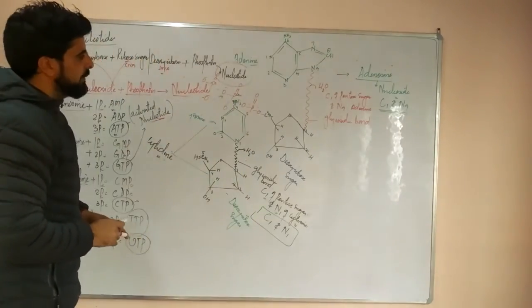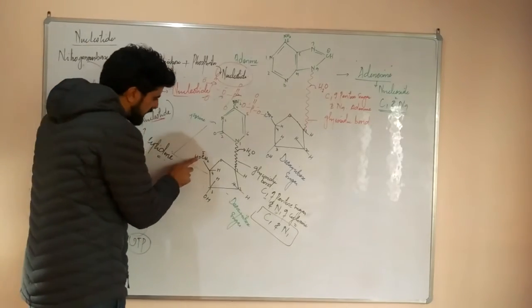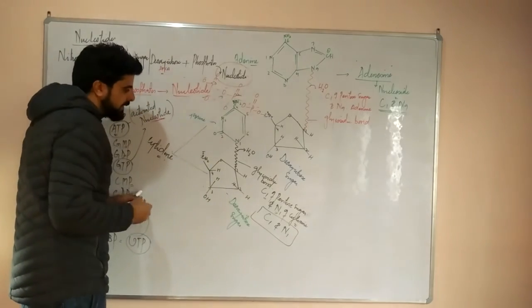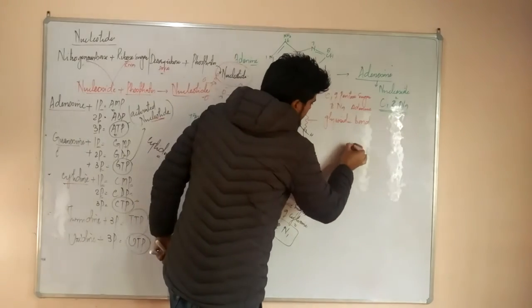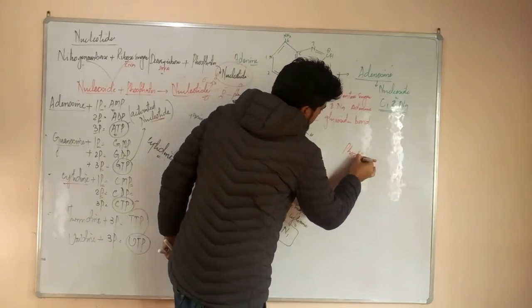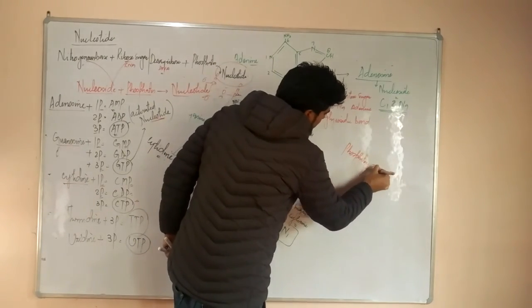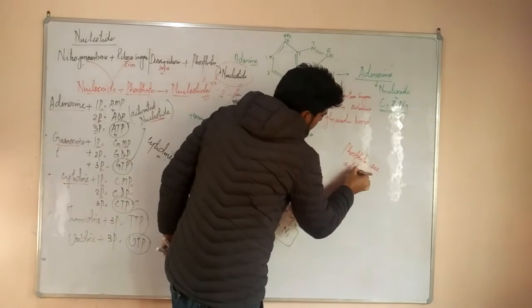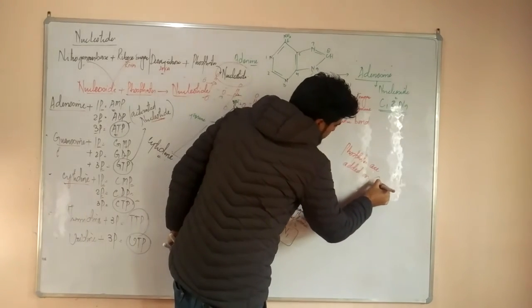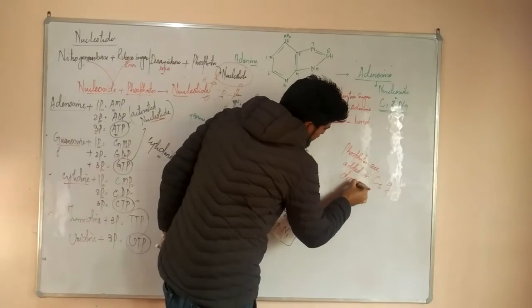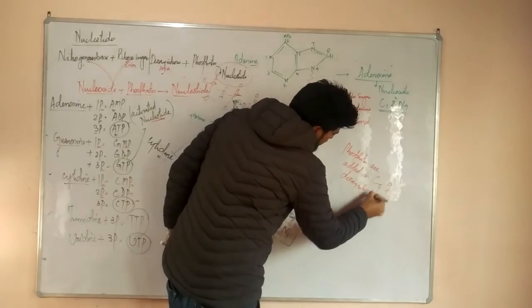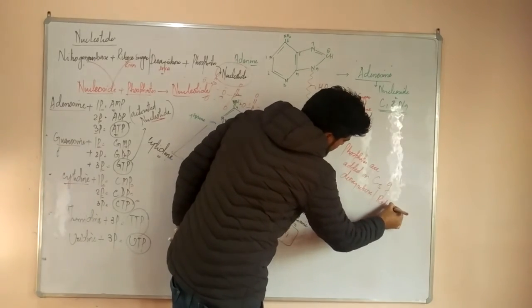Now this you have to keep in mind. Similarly, if we have a CH2 here, we can also add a phosphate on carbon number 5. So the phosphates are added on carbon number 5, C5 of deoxyribose sugar in case of DNA or ribose sugar in case of RNA.